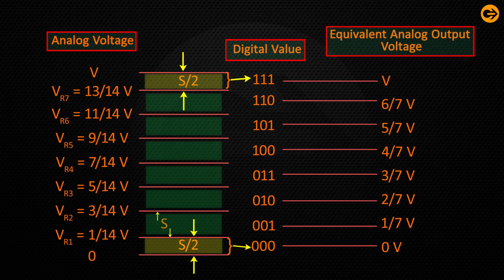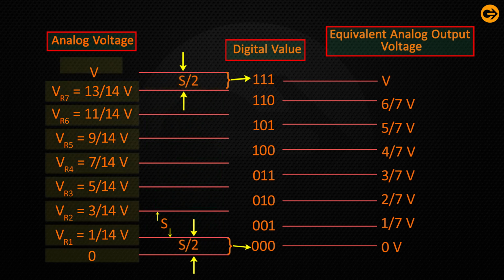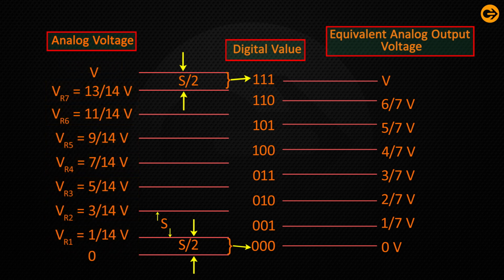This shows that the maximum quantization error will be S by 2 equal to V by 14 for any analog voltage VA in the range 0 to V. The quantization error can also be denoted using LSB. In this case, the maximum quantization error is plus minus half LSB.